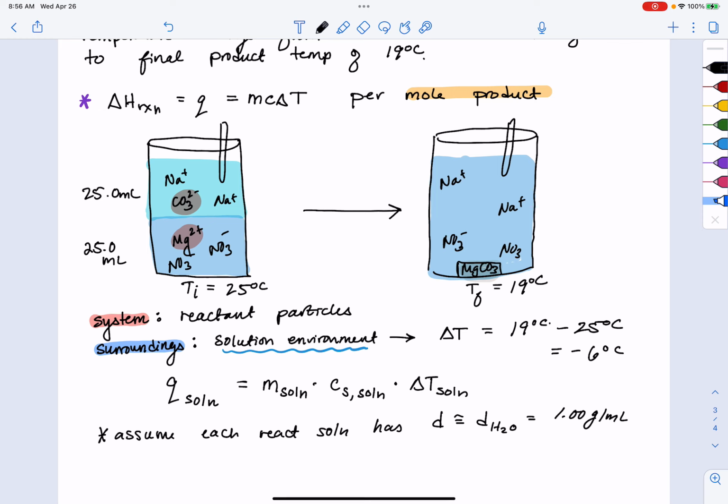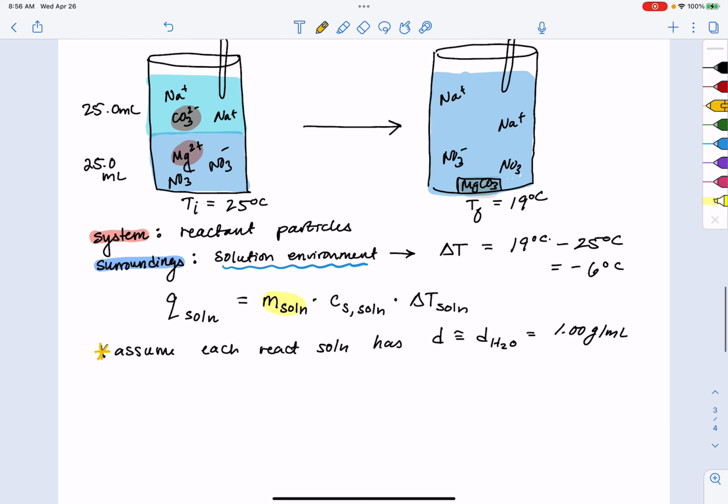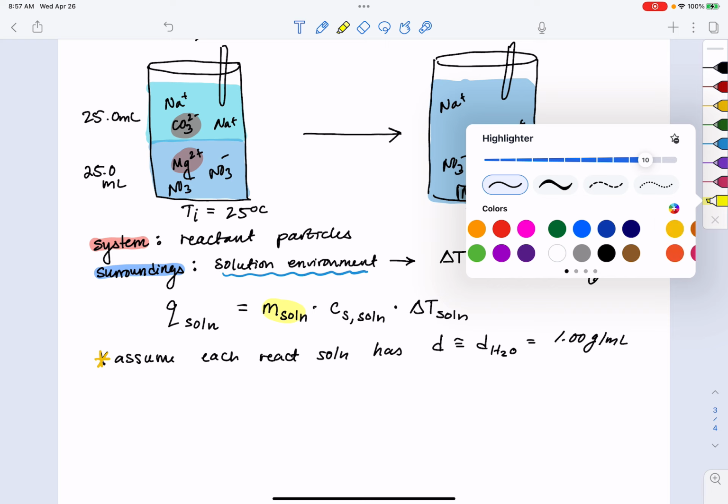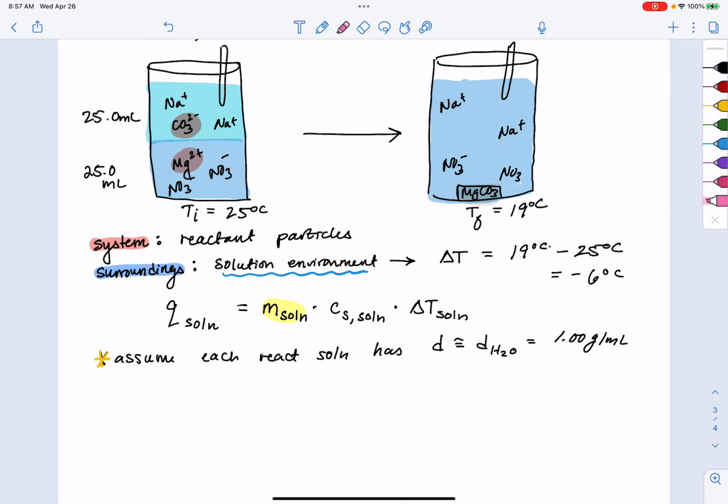So that takes care of our mass of solution. Sorry, we can get the mass from the total volume of solution using our density. Okay. We also do not know the specific heat capacity of our reactant solution, or the solution, I should rather say, that's surrounding our reactant particles, the system.